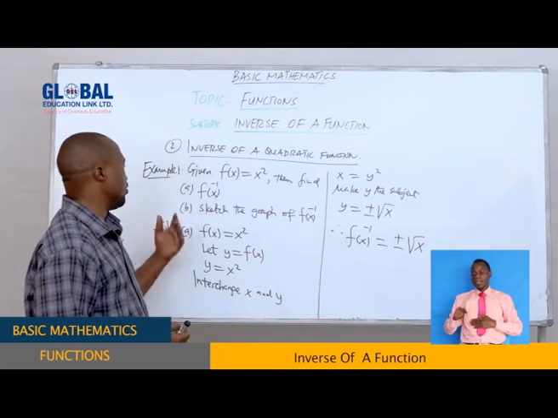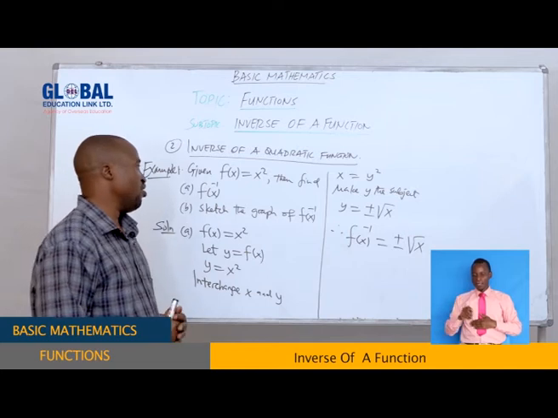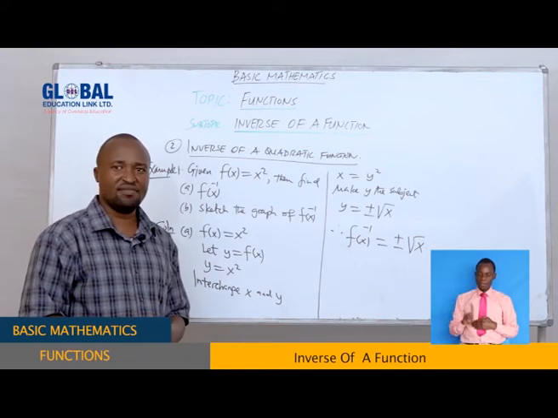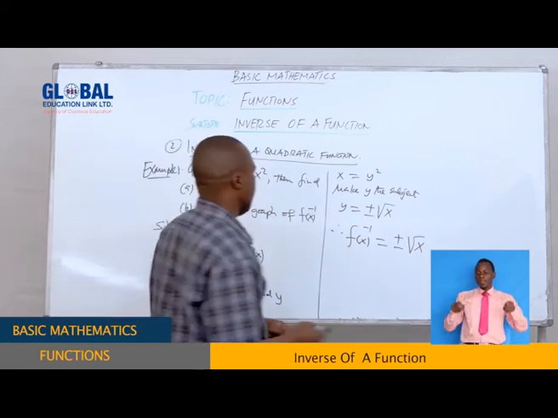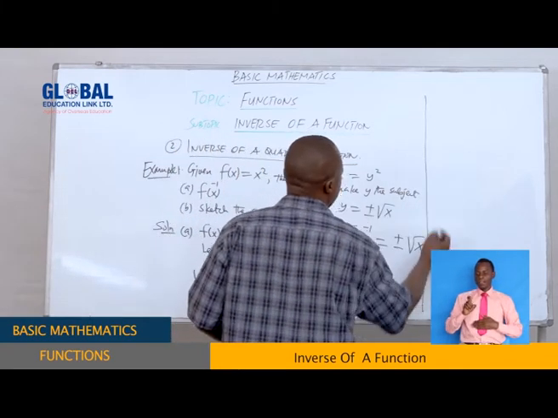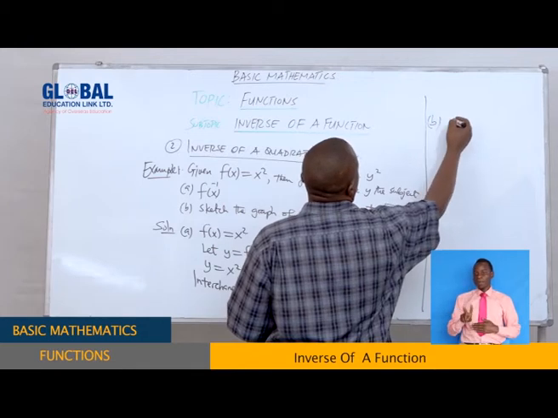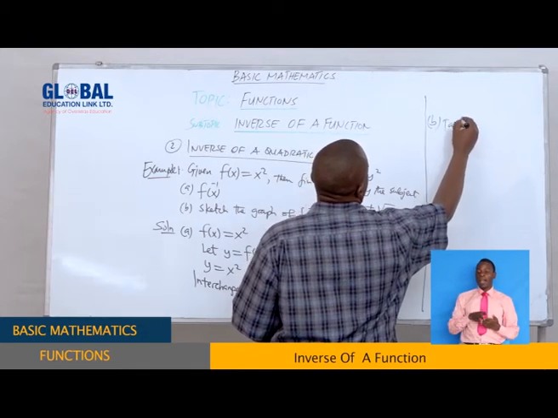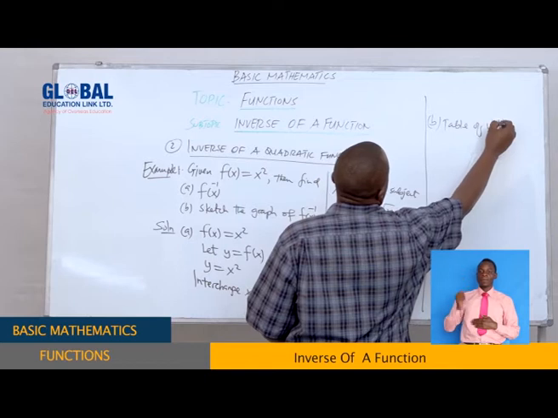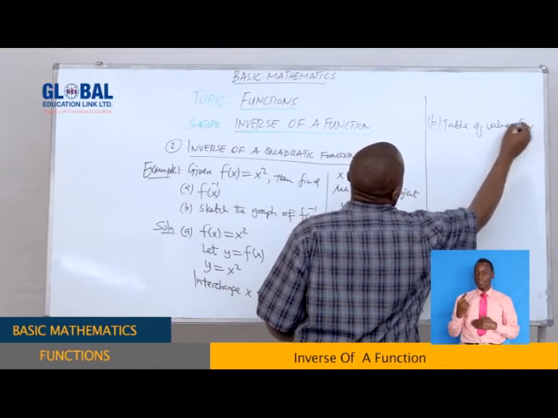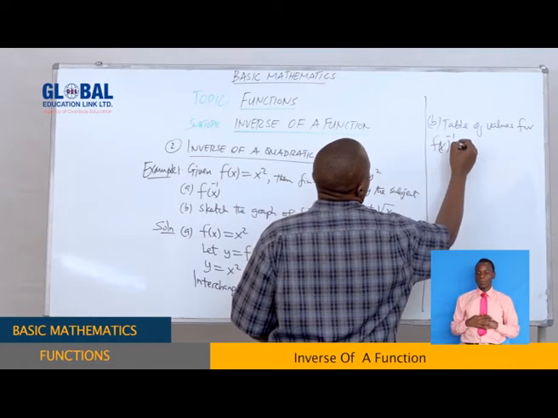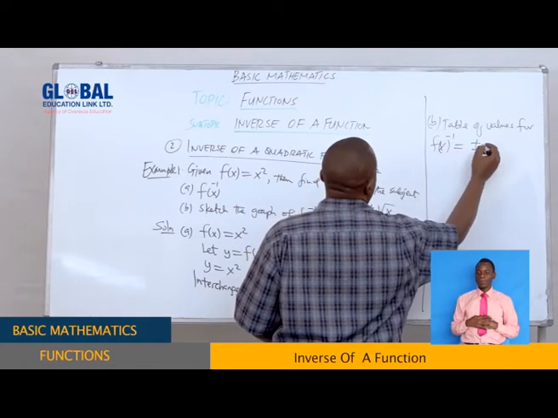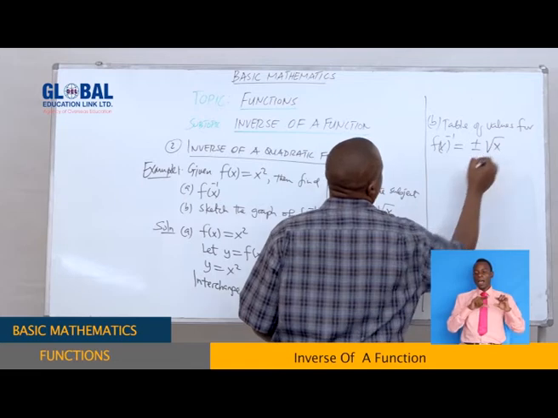Then the next question is to sketch the graph of f of x inverse. Now let us see how to sketch the graph. So that is B. Prepare the table of values for f of x inverse is equal to plus or minus the square root of x.